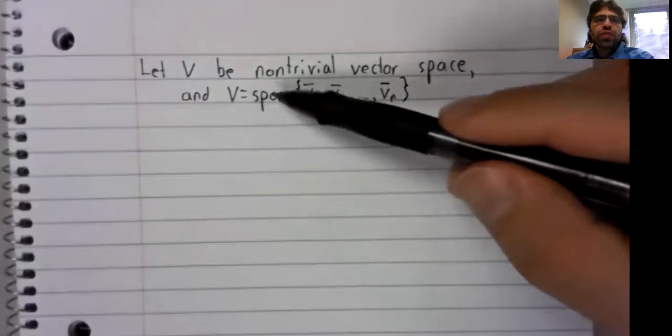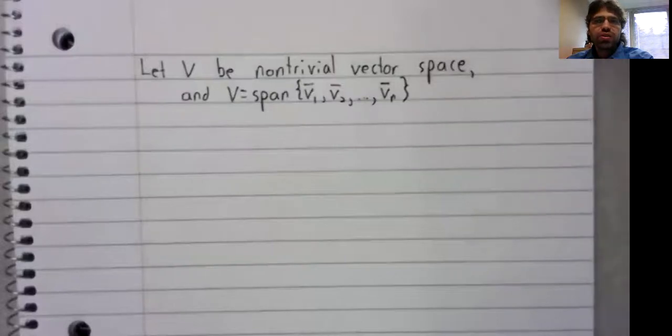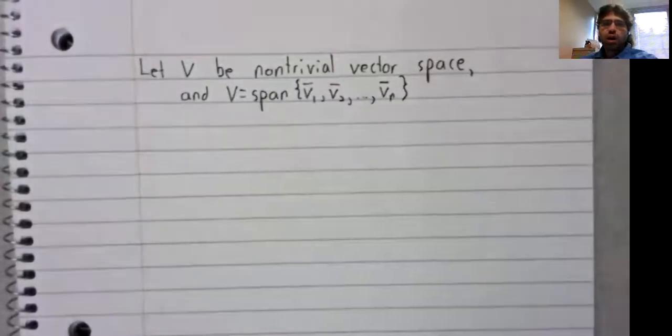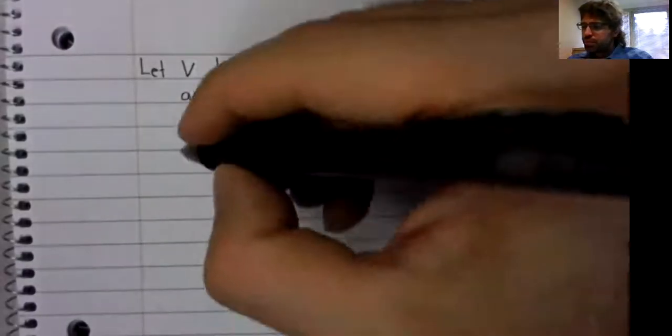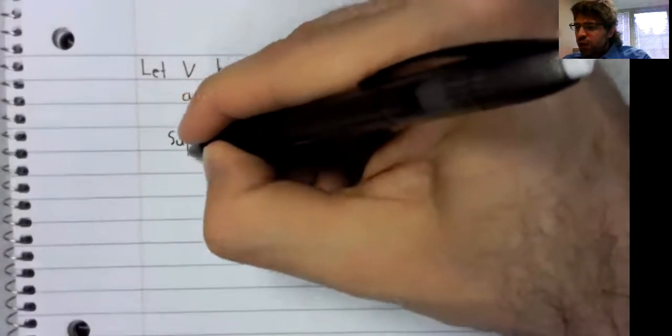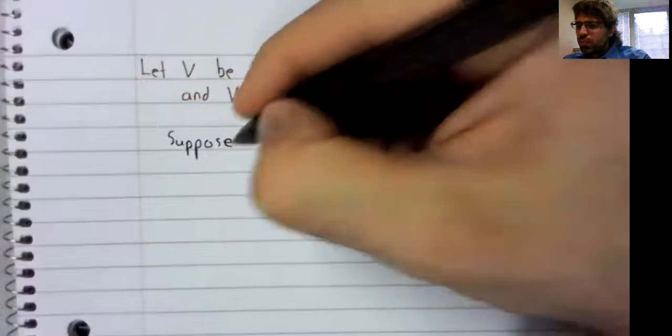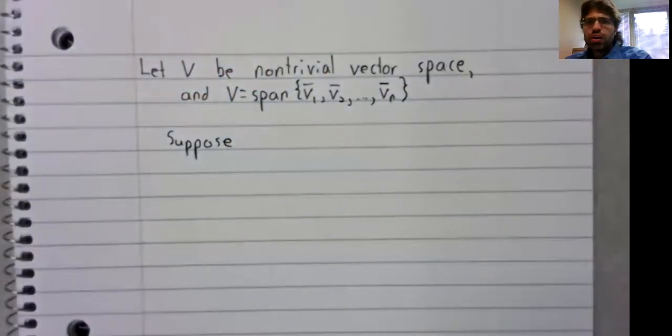But suppose the vector space we're looking at does have this property. Then part one of the spanning set theorem says the following.